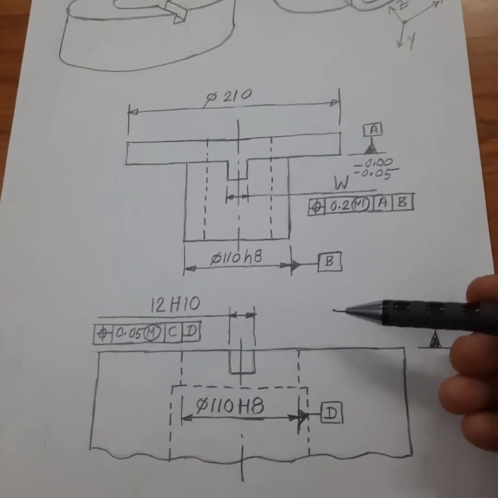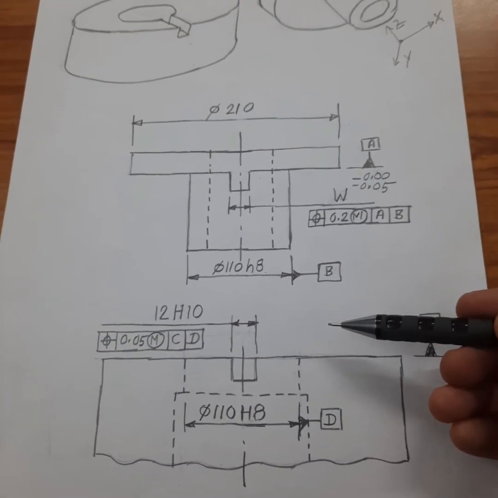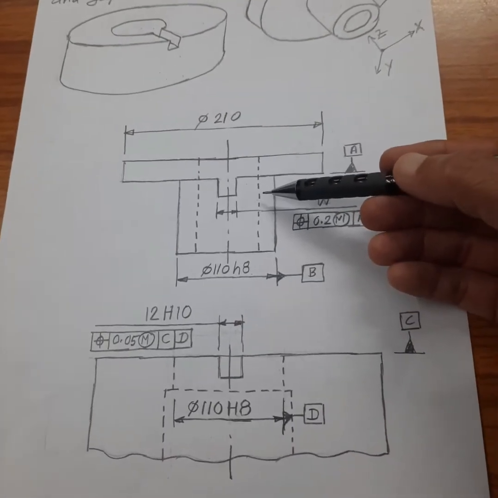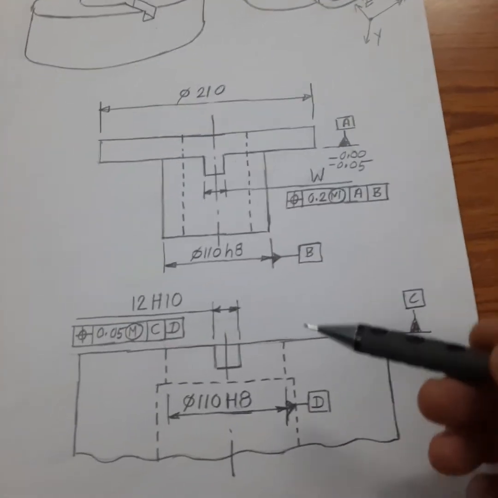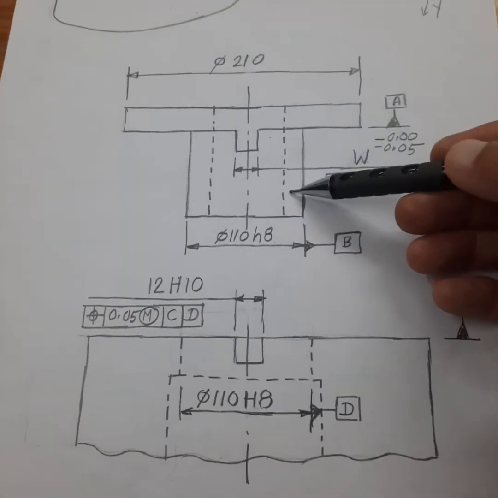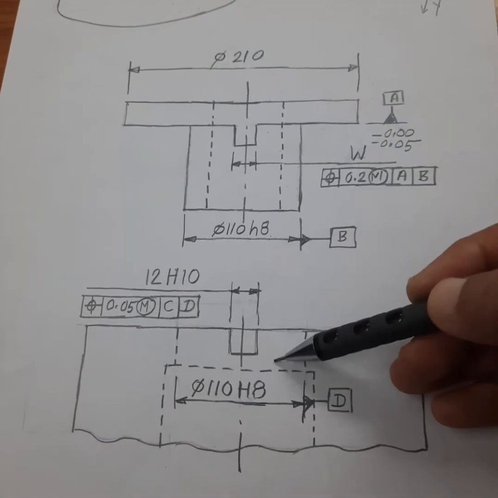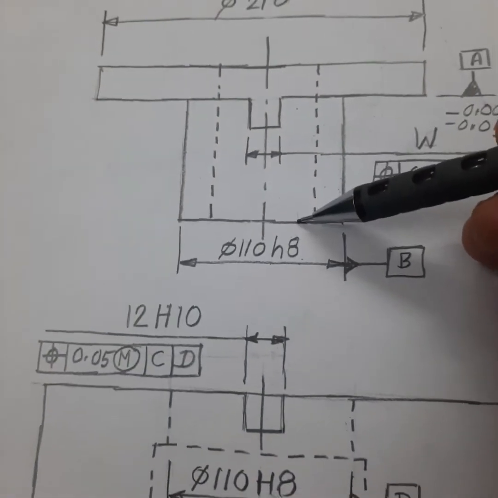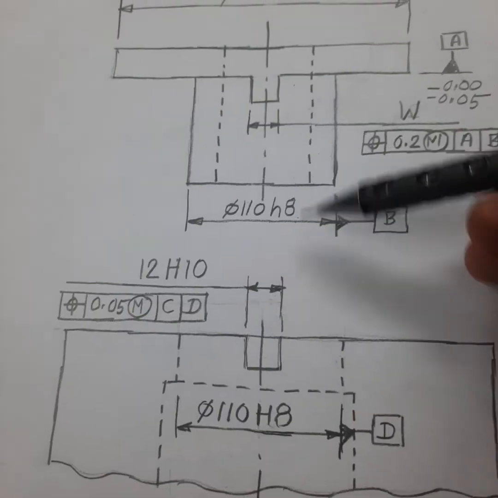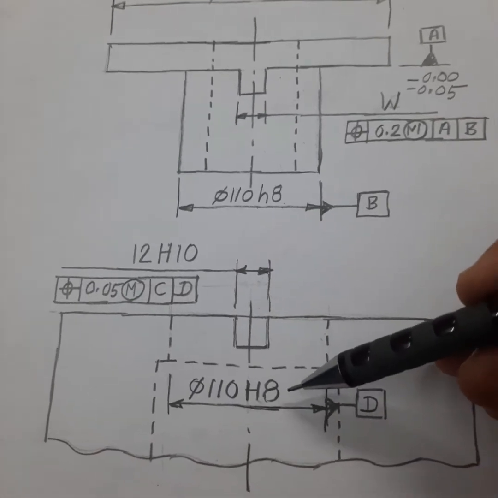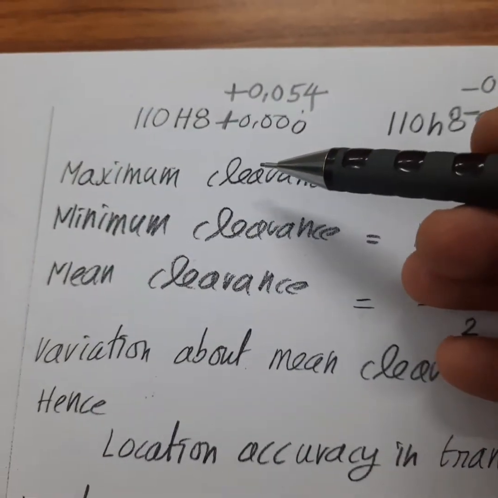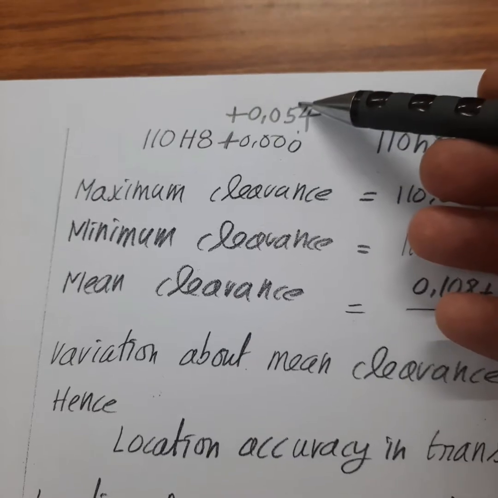First, we will discuss how to find the locational accuracy of this member in translation. The fit between the spigot and recess is 110 H8 and 110 h8. Using these 2 values, we have to determine the locational accuracy in translation. The 110 H8 has a tolerance of plus 0.0, plus 0.54.